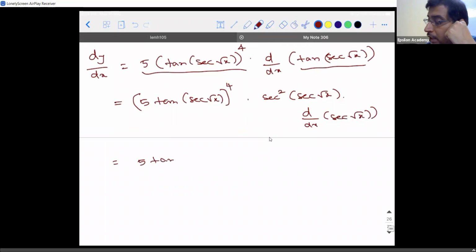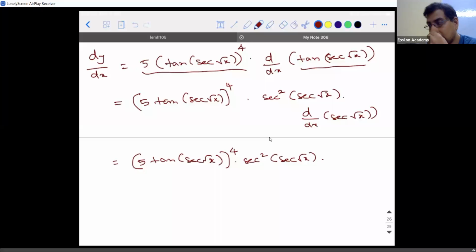So 5 tan of secant root x, the whole power 4, into secant square of secant root x, into d by dx of secant root x, which is secant root x into tan root x.